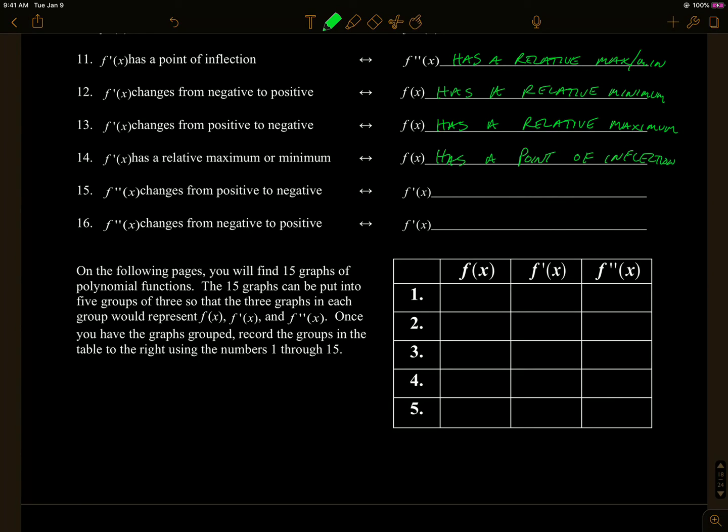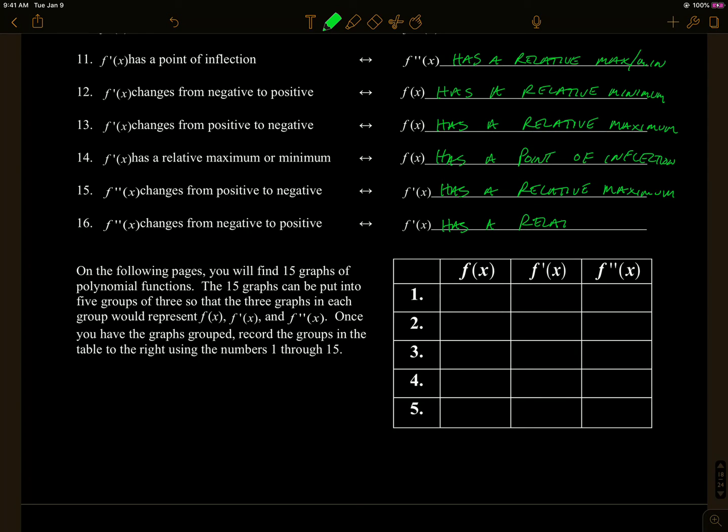Sorry. F double prime changes signs from positive to negative. That means that f prime has a relative maximum. That's because they're one derivative away. And the last one, if the second derivative changes from negative to positive, the first derivative has a relative minimum.